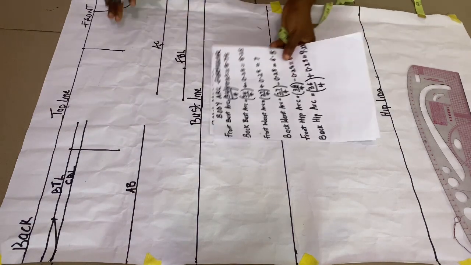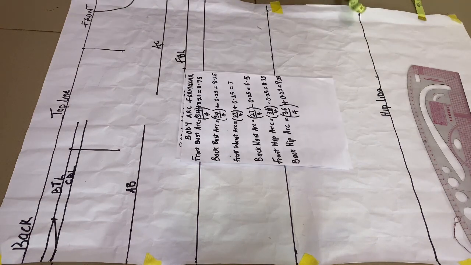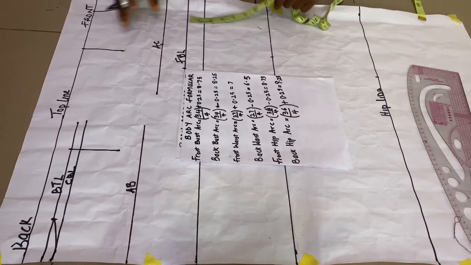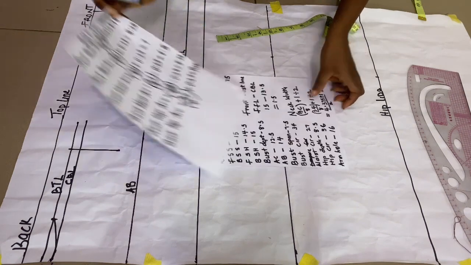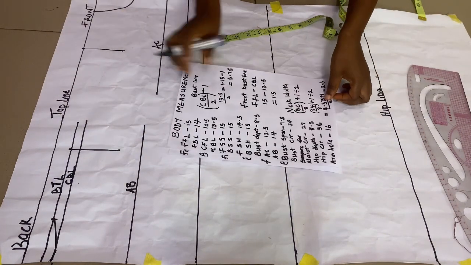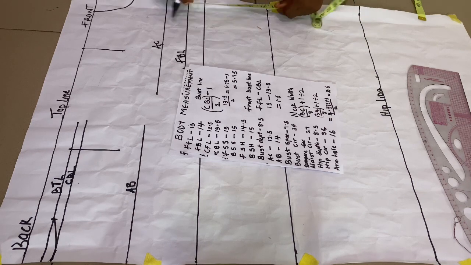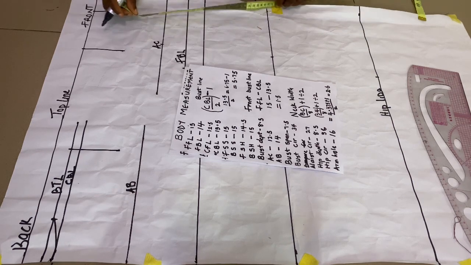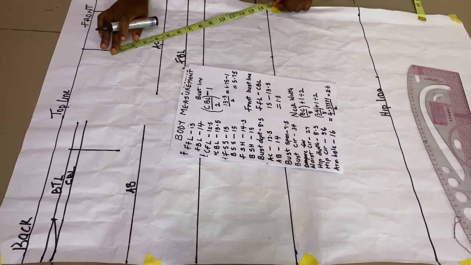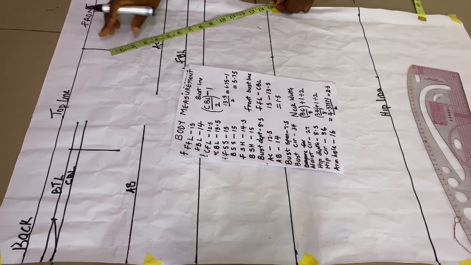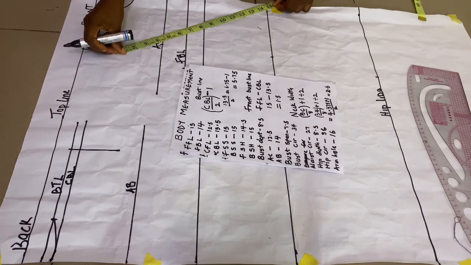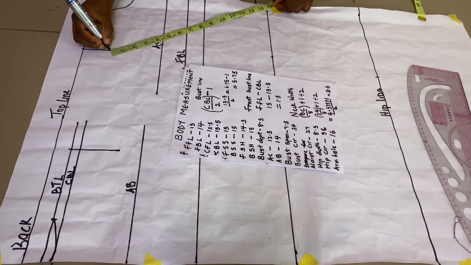So for this front, the next thing is to get the shoulder slope, and the front shoulder slope is 15. So you put the 15 on the waistline, from this shoulder guideline down to the waistline, and I'll be having 15 here.